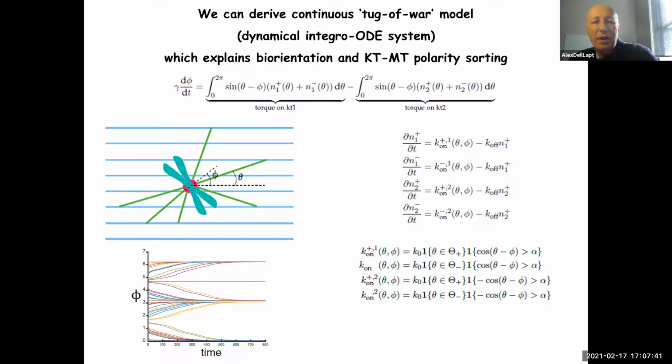And we have basically 4 of these densities that distinguish between 2 populations sticking out of different kinetochores, and each of these populations can stick to the microtubules leading the motors one way or the other way. Interestingly, the equations are becoming integral ODEs, so it's not completely trivial. Integral ODEs because the action at different angles converges into the simple mechanical action of the chromosome.